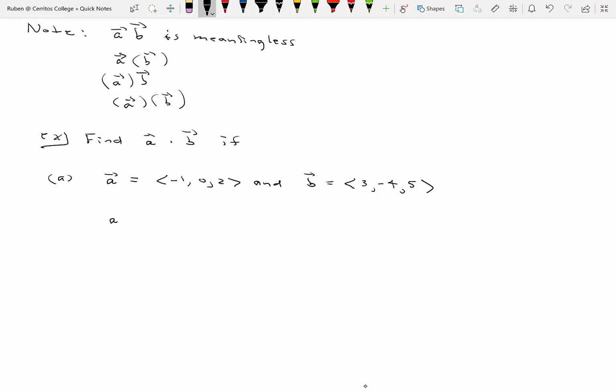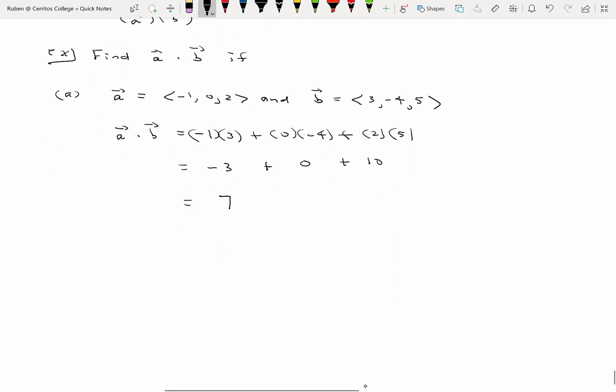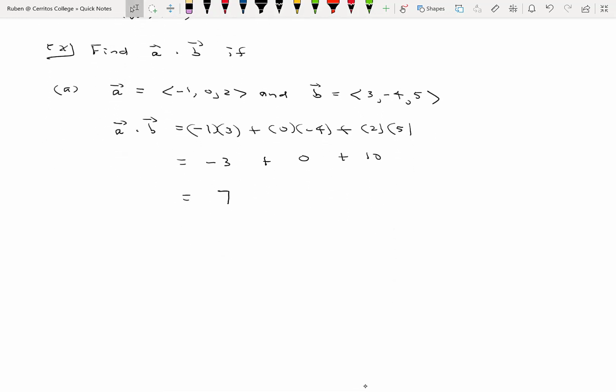So A dot B is very simple. You take the first component of A, multiply it by the first component of B, plus the second component of A times the second component of B, plus the third component of A times the third component of B, and then compute the arithmetic. This is -3 plus 0 plus 10, or 7. 7 is a scalar, so that's why we call this a scalar product.